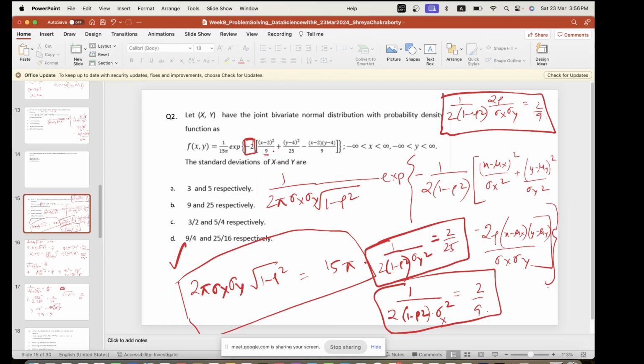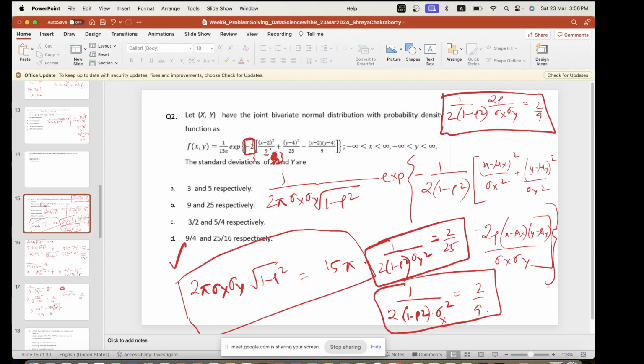But suppose you had something like 6, or let's say 3, over here instead of 2 by 9, and you had 2 by 3. Then it is not that straightforward.